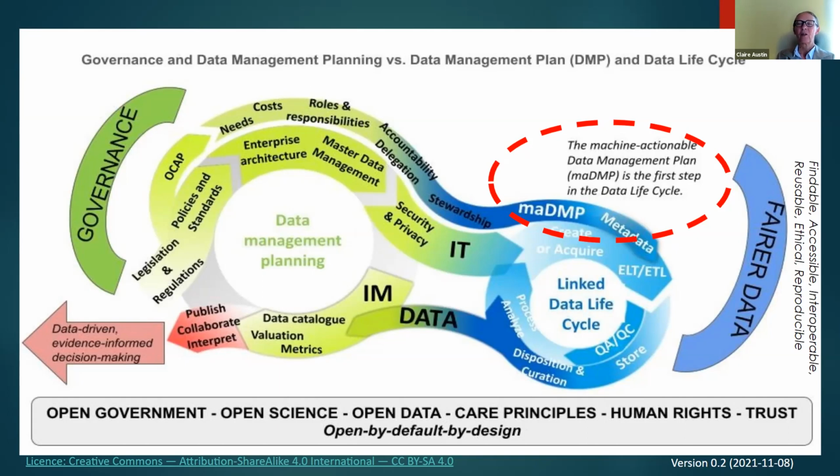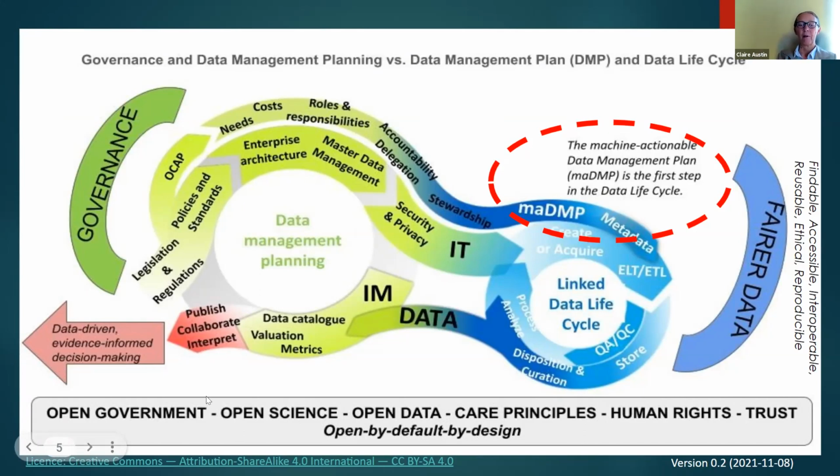I'm calling it a linked data life cycle because we have machine-actionable DMPs. And so the idea is, as the data move through the data life cycle, the DMPs are updated, so the DMPs always reflect the current state of the data. Eventually, it all moves out into publication of the data, reports, peer-reviewed publications, and in government, data-driven, evidence-informed decision-making.